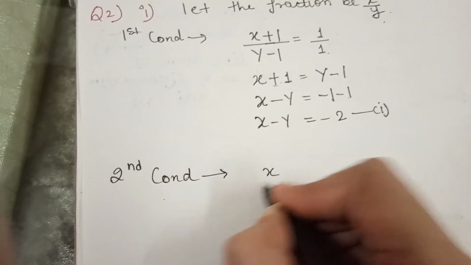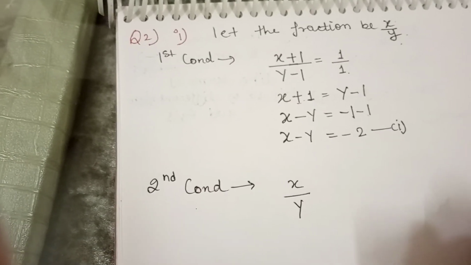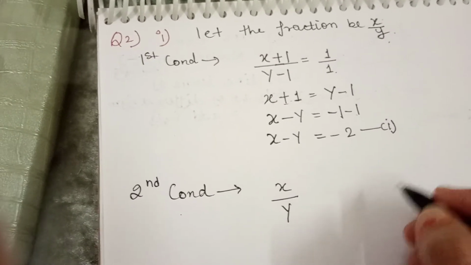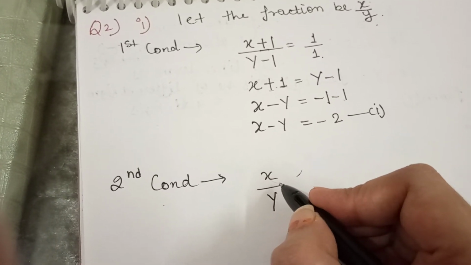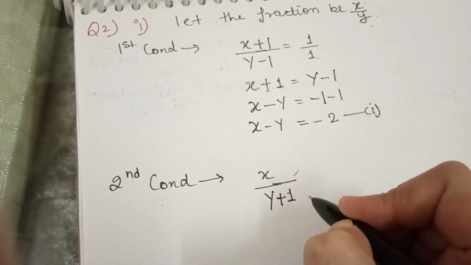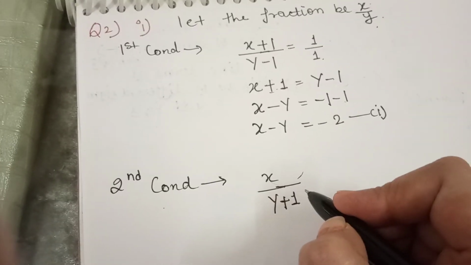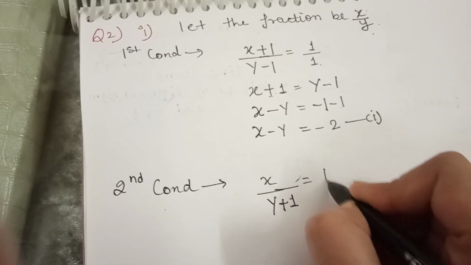What is the second condition? Read it properly. If we add only 1 in the denominator, means they are doing nothing in the numerator, they are adding only 1 to the denominator. So you leave x and add 1 in the denominator. A fraction becomes 1 by 2.